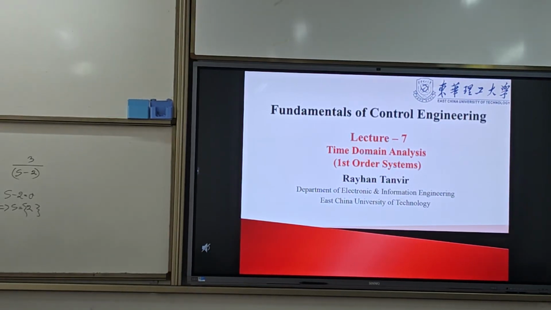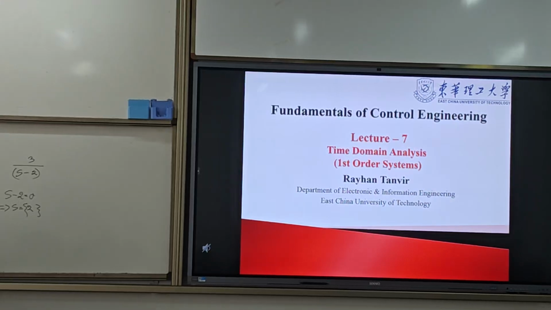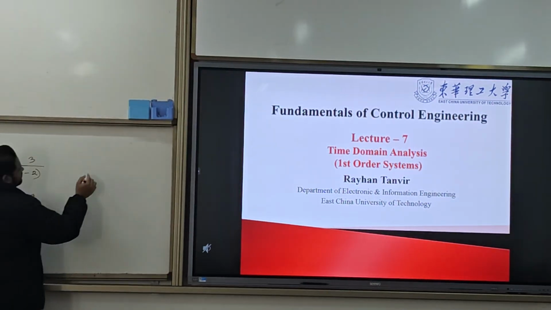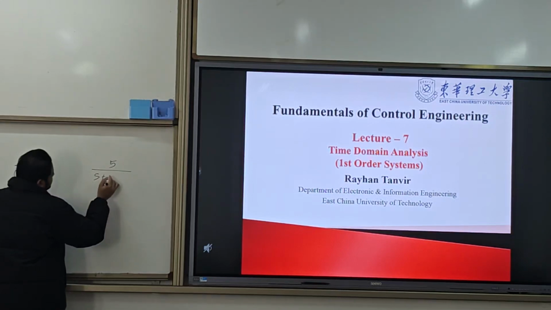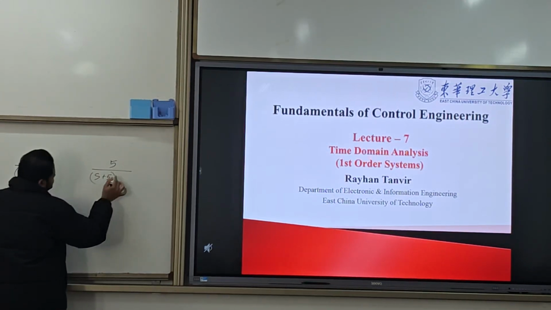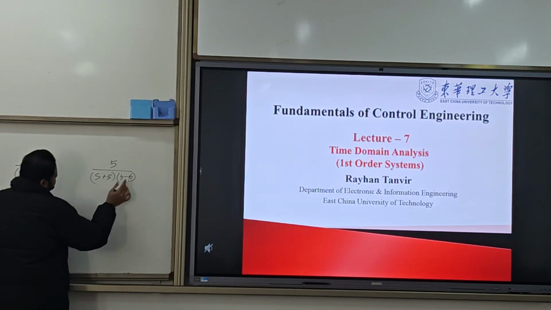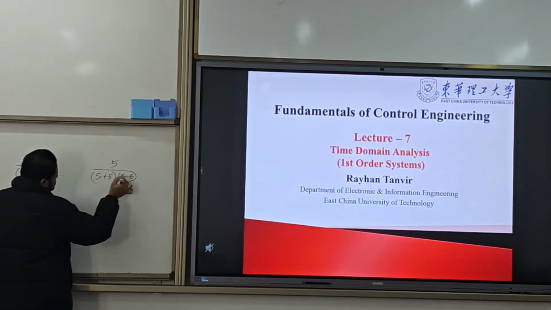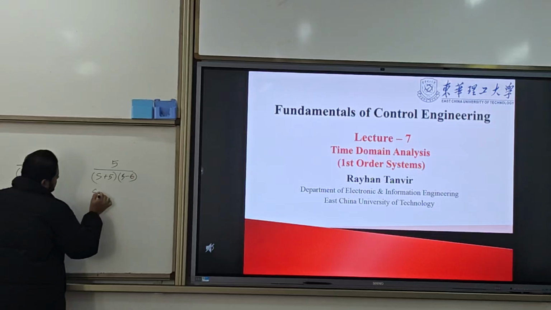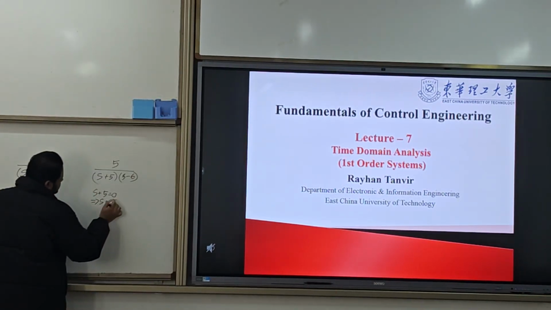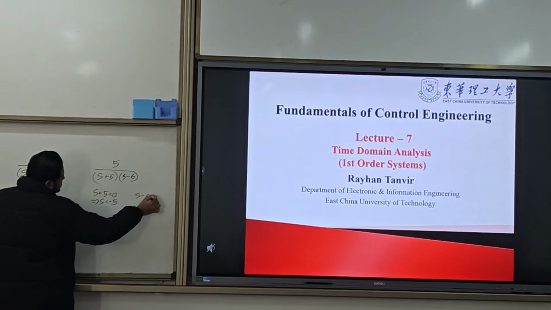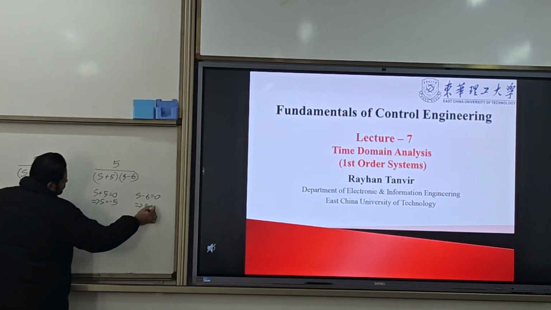You have seen that in the transfer function. If I give another example, like 5 by (s plus 5)(s minus 6), the poles come from s plus 5, which gives s equal to minus 5, and s minus 6, which gives s equal to 6.